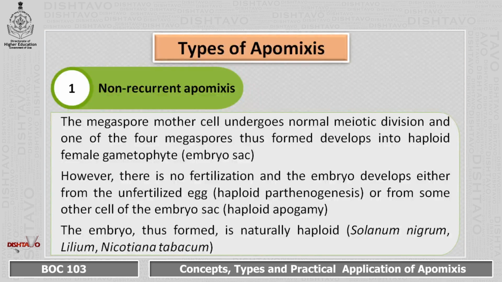However, there is no fertilization, and the embryo develops either from the unfertilized egg or from some other cell like stimulated haploid synergid cell of the embryo sac. The embryo thus formed is naturally haploid. The plants produced by this method are haploid and generally sterile and do not reproduce sexually anymore. Example, Solanum nigrum, Lilium, Nicotiana tabacum.